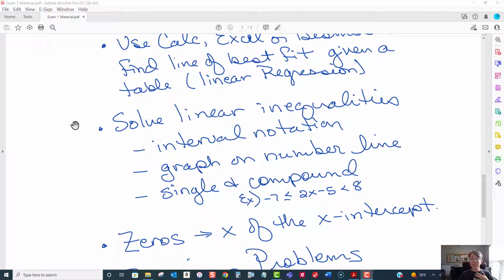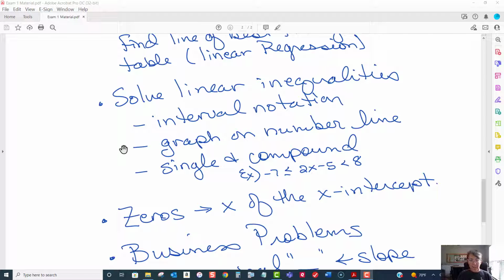Be able to solve linear inequalities, which means you're going to be using probably interval notation. Be able to graph the solution on a number line. So be able to shade in, or at least choose where the shading is on a number line, whether you're using parentheses or brackets. And the inequalities, I'm going to give you both single inequalities where there's just one less than or greater than.